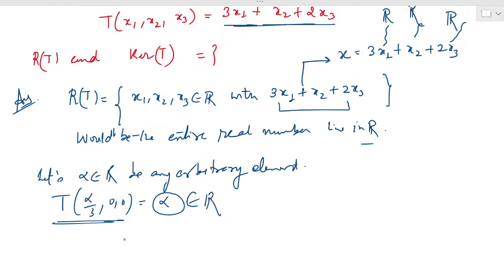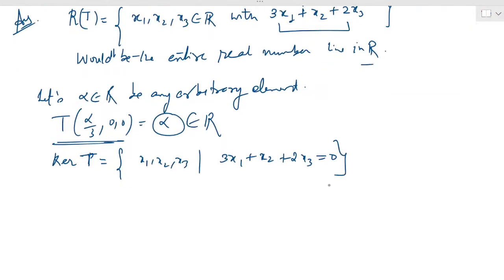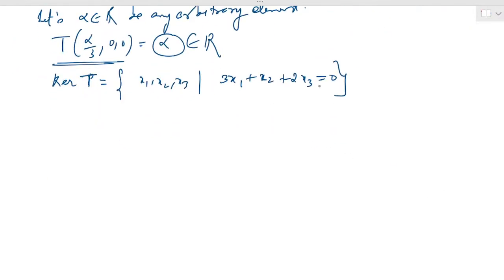And what would be the kernel? What do you think the kernel would be? So kernel of T would contain all those points x1, x2, x3 such that 3x1 plus x2 plus 2x3 equals 0. Don't you think that this is a plane?